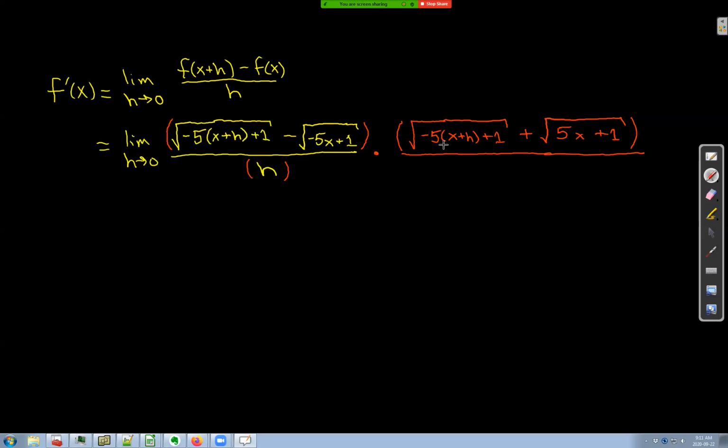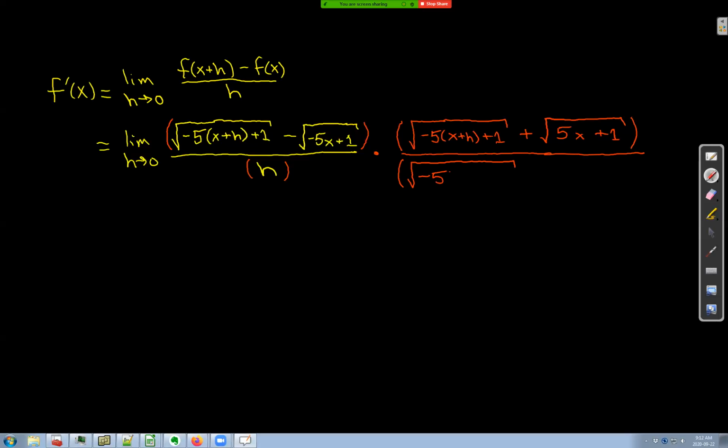If I just multiply by this red thing, I'm cheating, because this red thing is not equal to 1. That would be wrong because I'm not multiplying by 1. So to make sure you're not cheating and not changing the problem, you have to multiply the top and the bottom by the same thing.